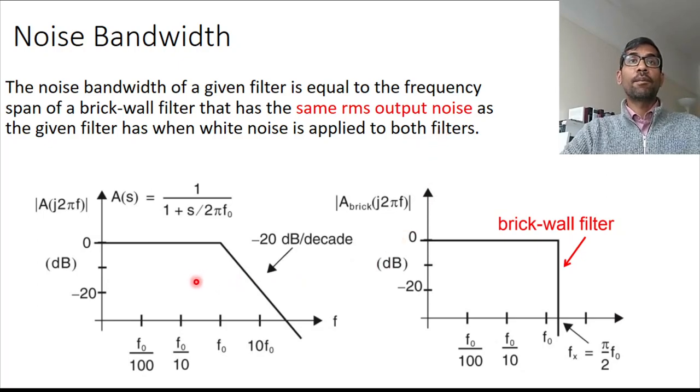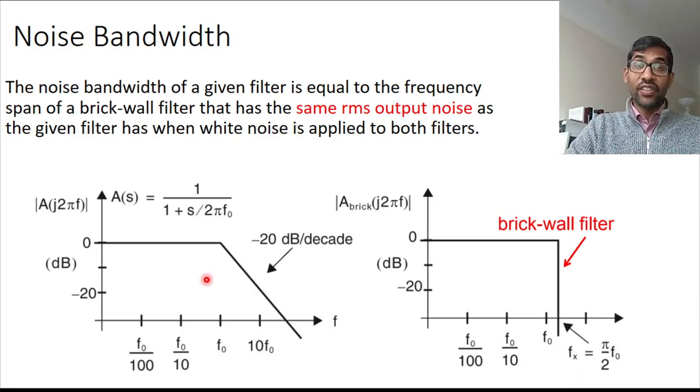So we apply white noise to both the filters and we say, what should fx be so that the output noise power in both the filters is the same? And then you calculate it. So if you get the value of fx, now why is that important, or where is it necessary? This fx is called the noise bandwidth of this filter.